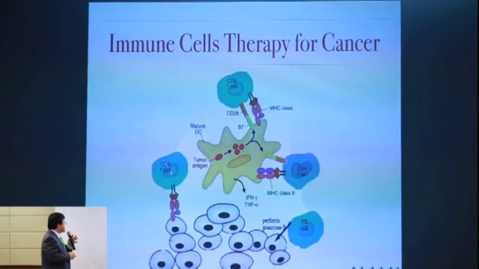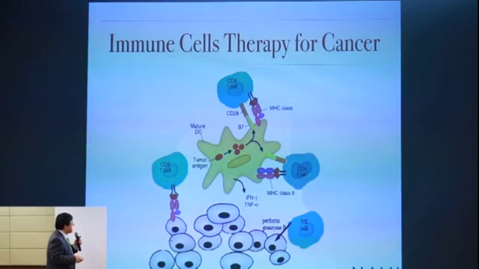CD8 T cells must be activated by antigen-presenting cells like dendritic cells, but natural killer cells can directly attack tumor cells. So one technique is to expand the natural killer cells and inject them back into the patient with cancer to kill their tumor cells.